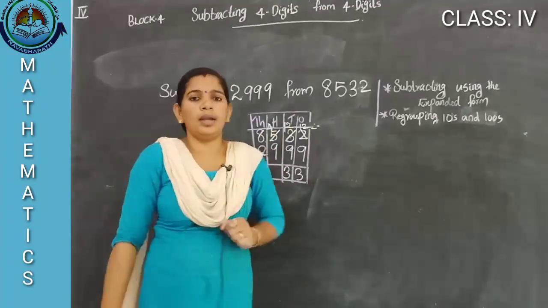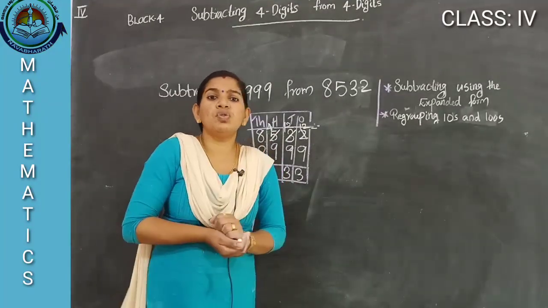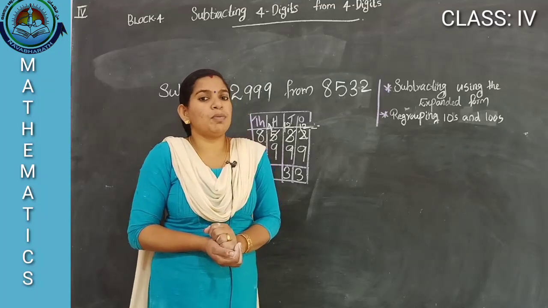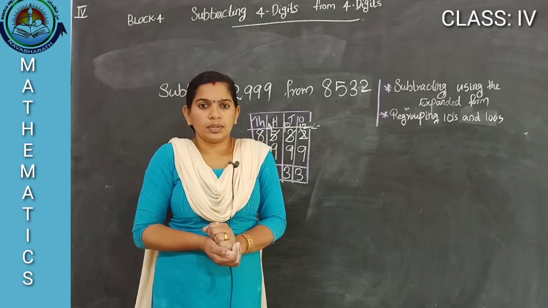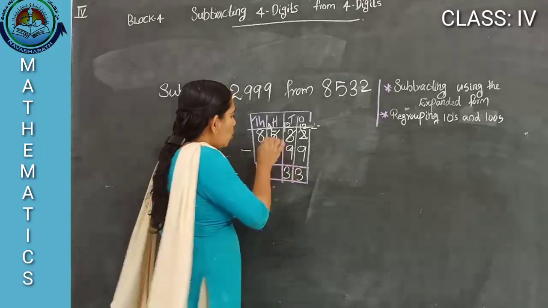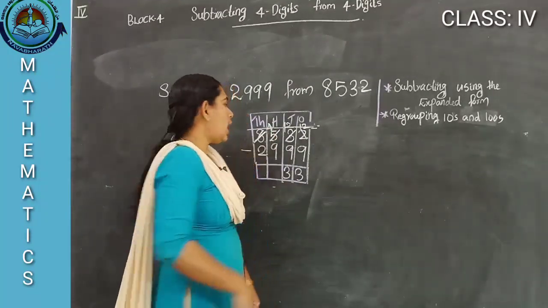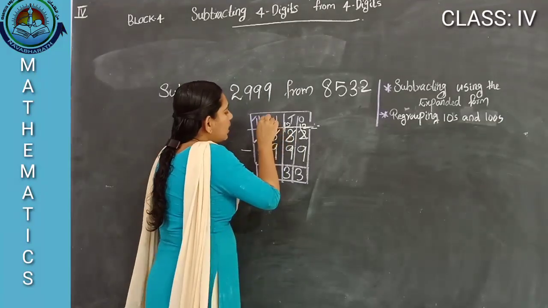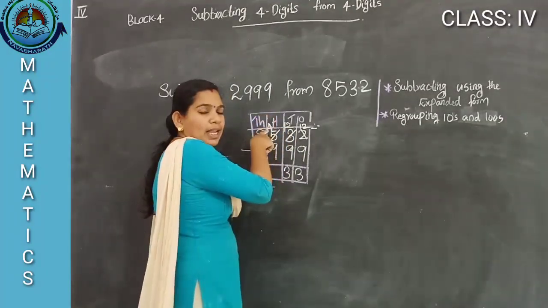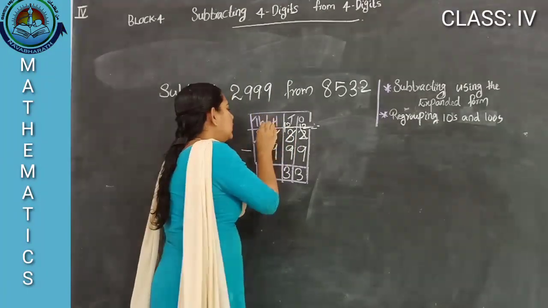4 minus 9. In this case also the first number is smaller than the second. What do we do? We take 1 from the thousands place. So here 4 becomes 14. Good.